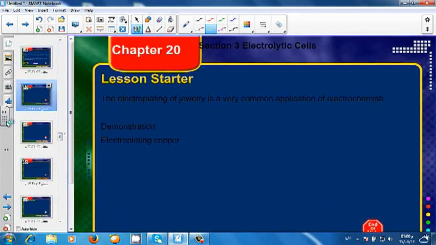Okay, now let's start section 3, the electrolytic cells. We will use electrolytic cells in applications like the electroplating for jewelries, and also in producing the rechargeable cells.